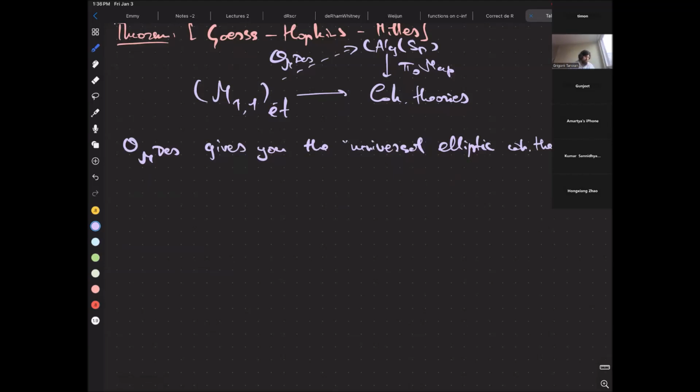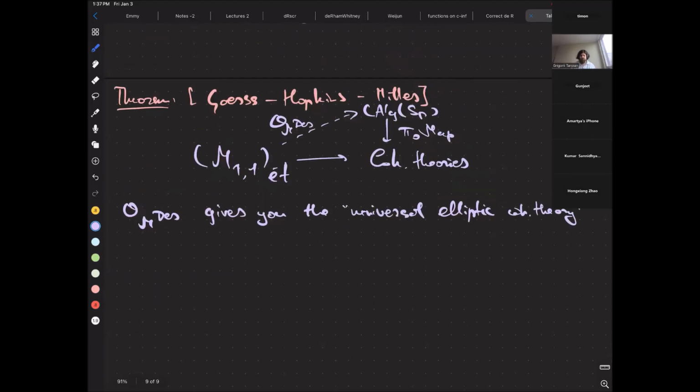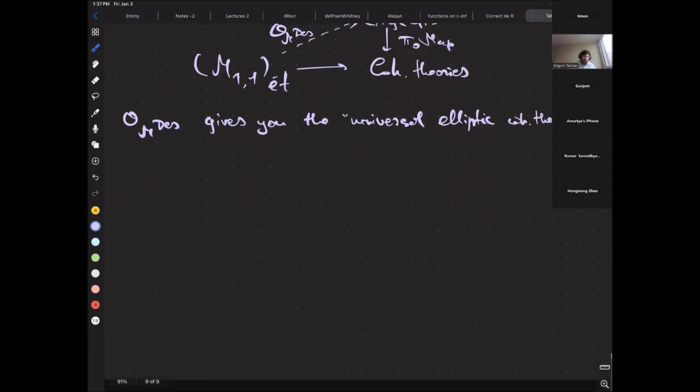Or, even more concretely, to get an actual cohomology theory, because this is not a cohomology theory, this is merely a functor from one category to another, you take the colimit, or the homotopy colimit, but every colimit is a homotopy colimit.